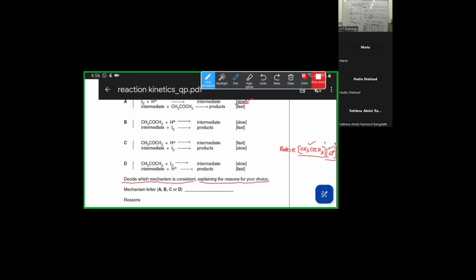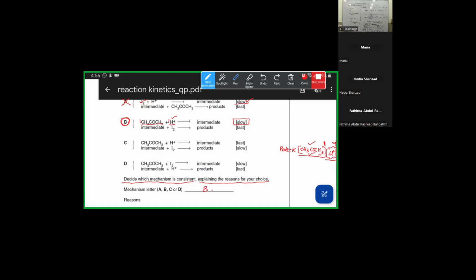In this slow step, we have I2, but I2 is not present in the rate equation. So it means A is wrong. In B, this is the slow step, and it has one mole of CH3COCH3, one order of this one, and one mole of H positive, one order of H positive. So it means mechanism B is consistent with this rate equation.